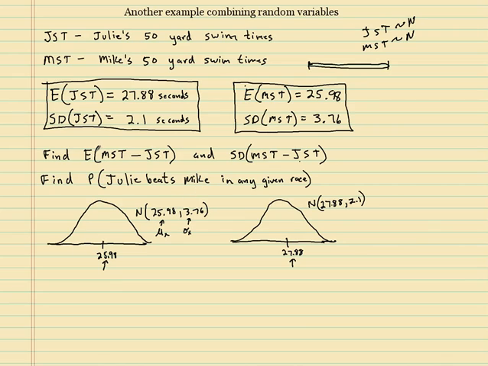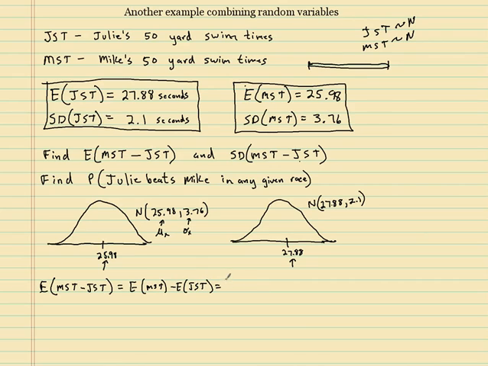So let's find the expected value of Mike's swim time minus Julie's swim time. This is just the expected value of Mike's swim time minus the expected value of Julie's swim time.